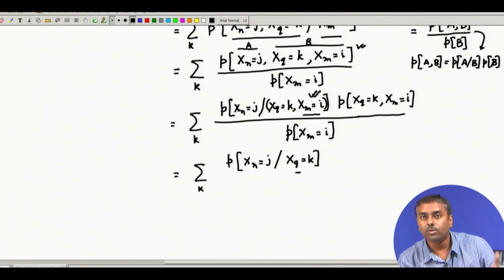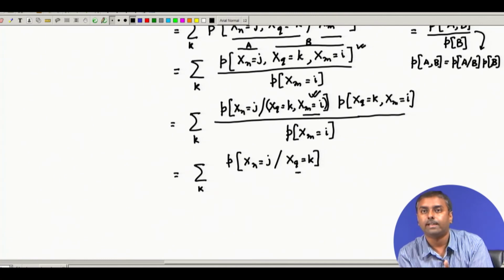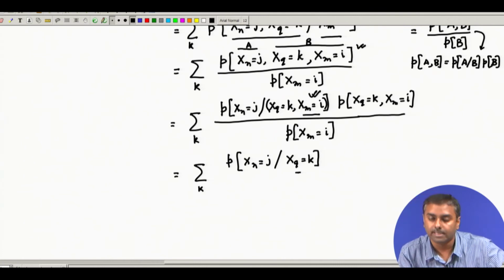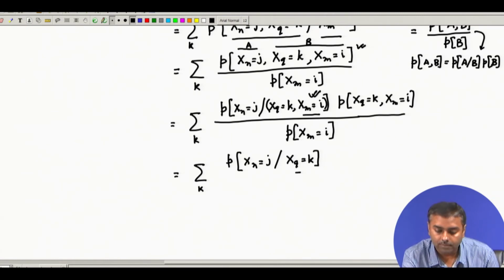As long as I know that, it summarizes all the past, and that is Markovian. So, Markovian says that it does not have to depend on the previous things, as long as I have a current state, or a nearer state. That summarizes everything; that is the Markovian property. So, if this is the case, I can always write this. Therefore, no dependency is there.